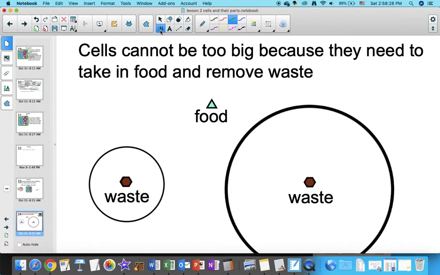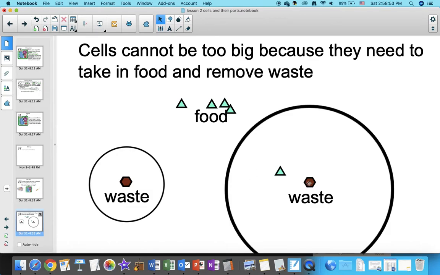Well, the main reason is because cells cannot be too big because they need to take in food and remove waste, right? If a cell becomes bigger, it needs more food. But at the same time, to get that food into the cell to where it's needed, it has to travel further. And so it takes longer to get the food, and you need much, much more of it.